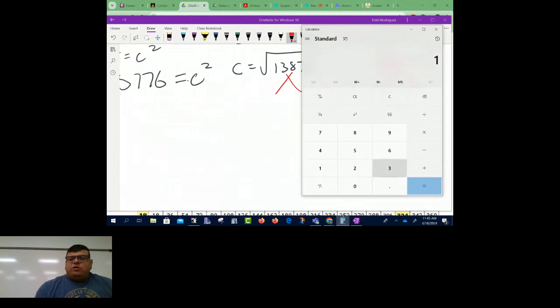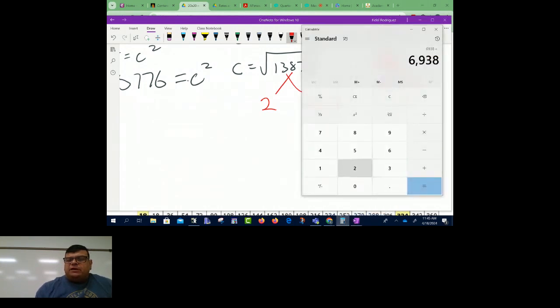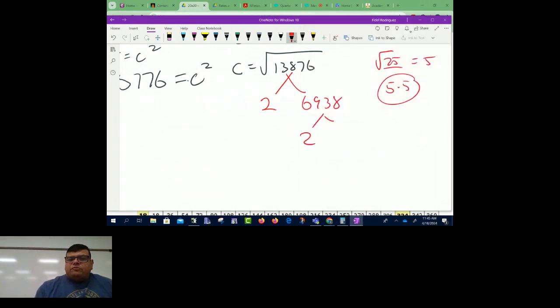The first thing I know about 13,876, y'all, is that we can divide it by 2. It's an even number, right? So let's divide it by 2. Boom, 6,938. I can divide that number by 2 again also. 3,469. So 2, 2, and 3,469.